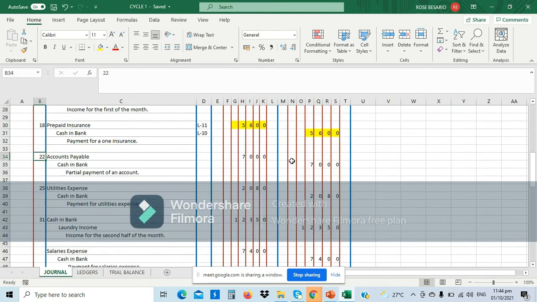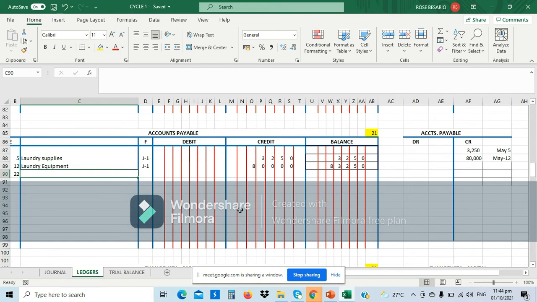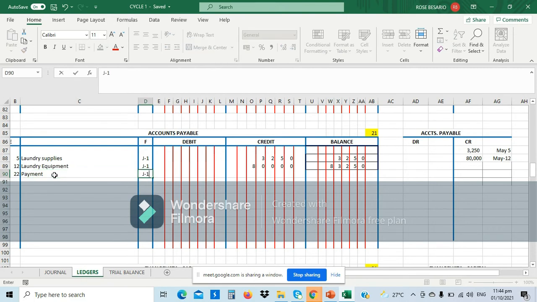So payment, accounts payable 7,000. So accounts payable account this time, this is payment. So this is J1 still. And since this is a payment, it is posted on the debit side, right?